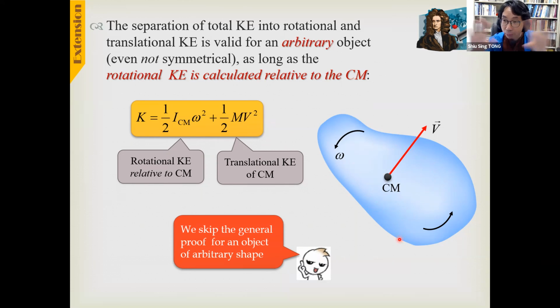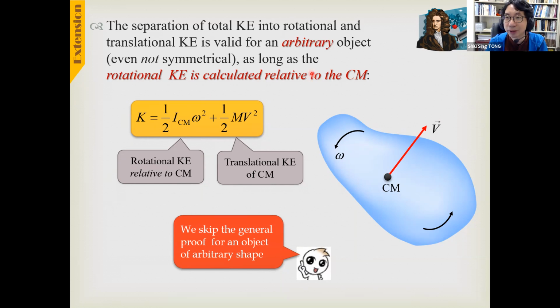Even if you have an object of arbitrary shape, the separation of these two terms still holds. As long as you are calculating the kinetic energy of rotation about the cm, and the translational kinetic energy of the whole body in terms of the cm, you can simply add up the two energies to get the total kinetic energy.